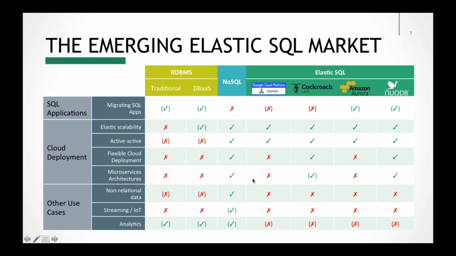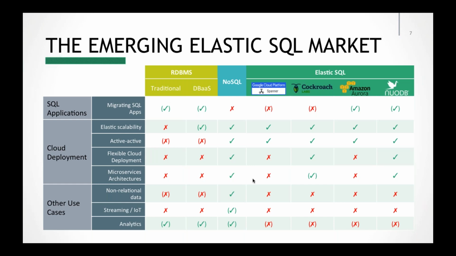So if we go ahead and drill in a little deeper on some of these requirements that we've discussed, let's see how some of the products stack up and deliver against these requirements. Now, we've talked about the SQL application type requirements, SQL semantics, ACID compliance, and of course the database products do very well there.